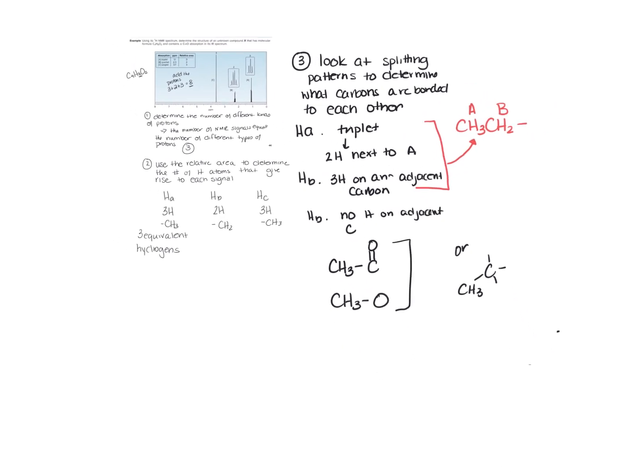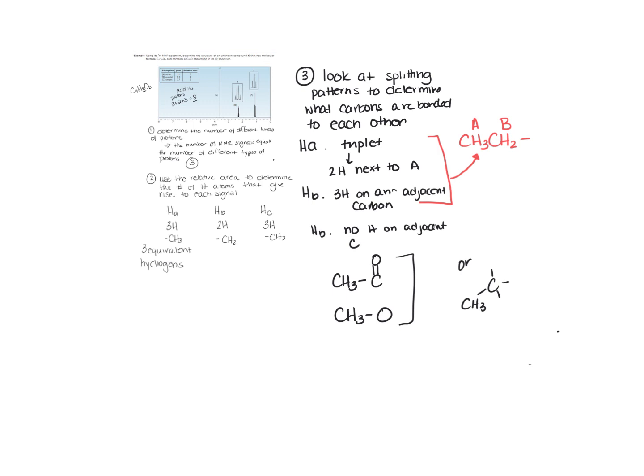Okay, so now we're going to come down here to 4, and we're going to use the chemical shift data. So we need to put structures together that would preserve all the splitting.